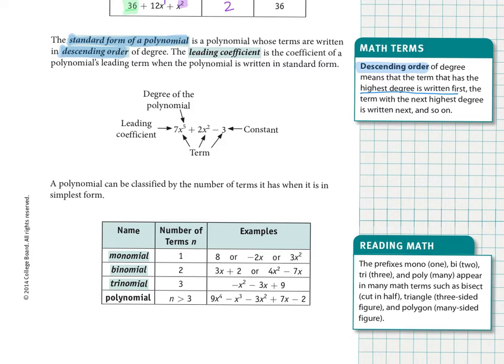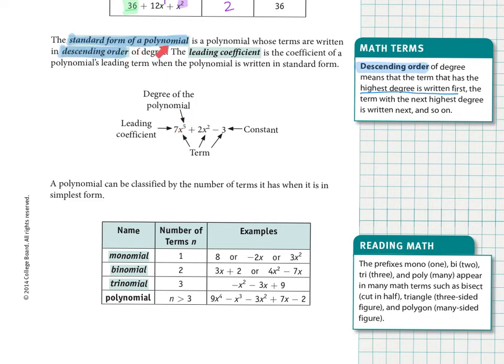Descending order of degree means that the term with the highest degree is written first. Then the term with the next highest degree is written, and so on, all the way down to the smallest or lowest degree. So before we look at the next vocab on here, let's look at this. We have 7x to the 5th plus 2x squared minus 3. We know each of these are terms. We know -3 is our constant. And the degree of our polynomial is the highest exponent, which is 5.